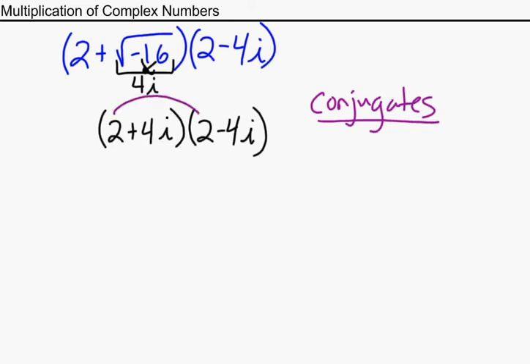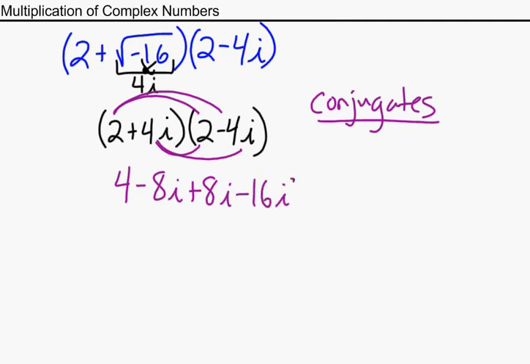When I multiply 2 and 2, I get 4. 2 and negative 4i would give you minus 8i. 4i and 2 is positive 8i. And 4i and negative 4i gives you negative 16, and then i squared. But we know that i squared is negative 1, which makes this whole quantity a positive 16.